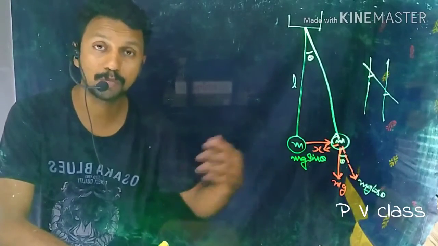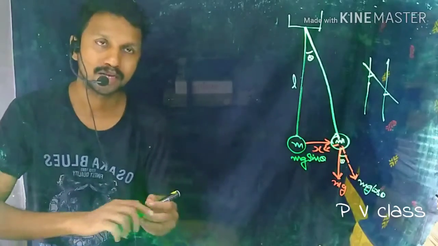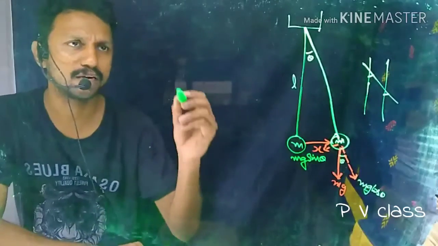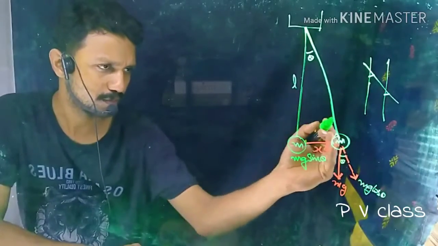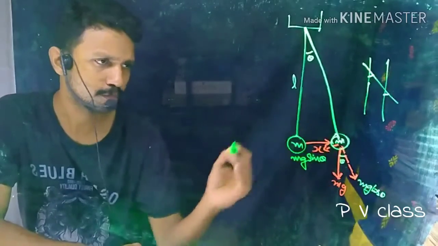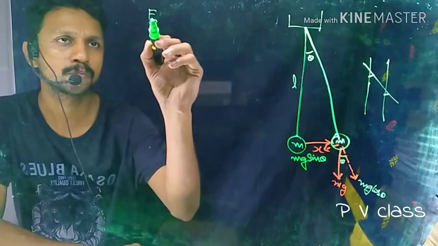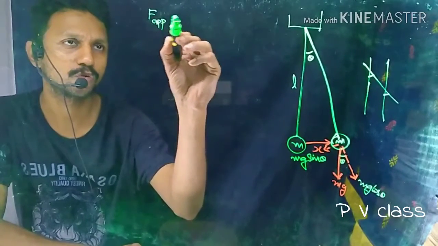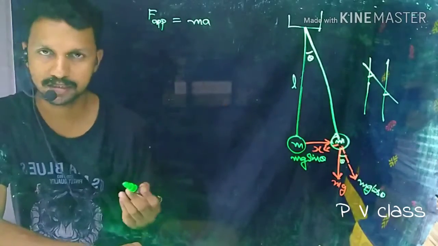Then the necessary condition for a substance to execute simple harmonic motion is there should be a restoring force in the opposite direction of the applied force. Let me write the applied force as, since we are moving this pendulum by a displacement x, the applied force is ma, where m is mass, a is acceleration.